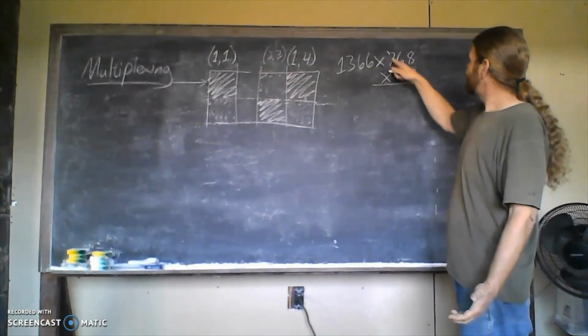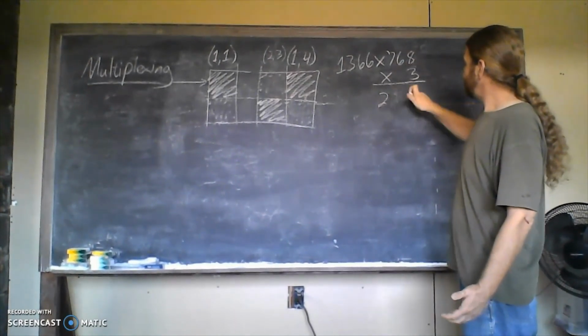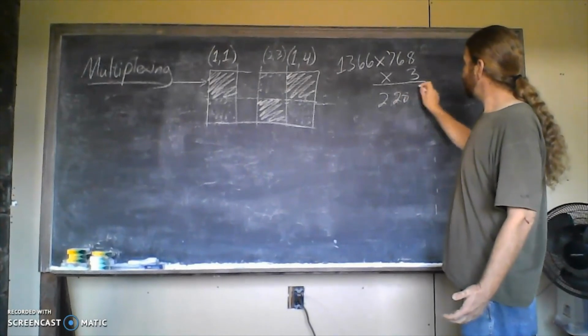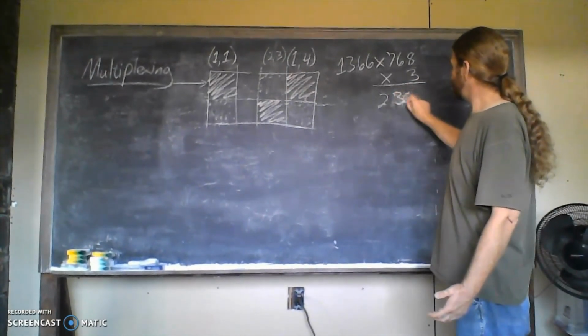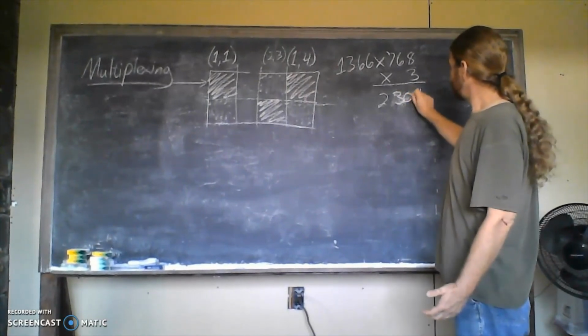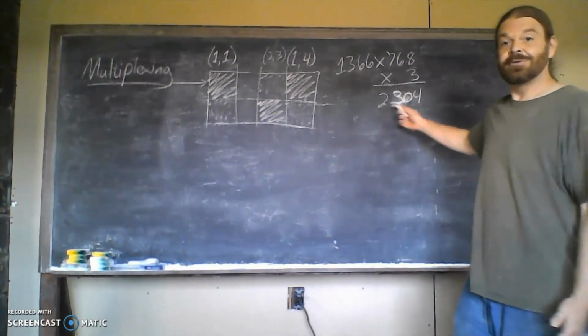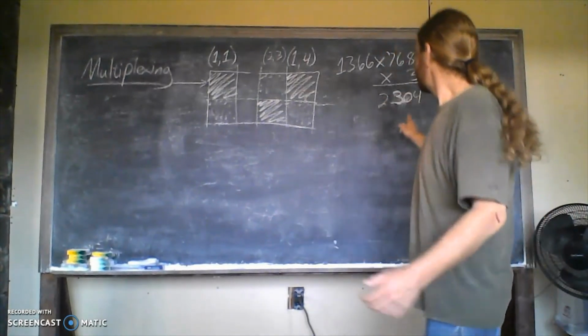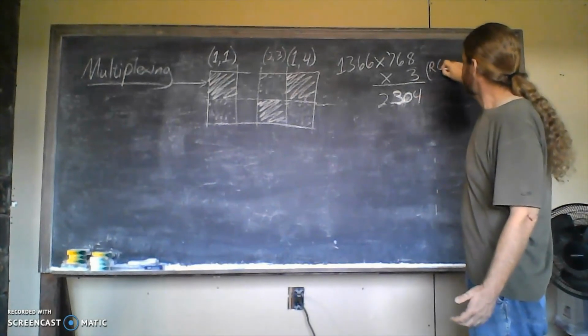So that's how many? 3 times 7 is 21. Times 6, 18. So 2 is 8. 3 times 8 is 24. 2,304. I erased that with my hands a couple times, but 2,304 lines to get our RGB color control.